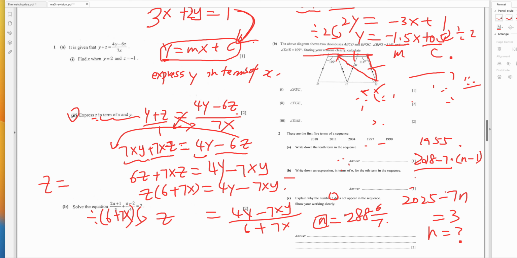Because your n is the first number, second number, you cannot say 1.5th number. Understand? So basically you just explain that n must be a whole number, or n must be an integer. Okay? Good.